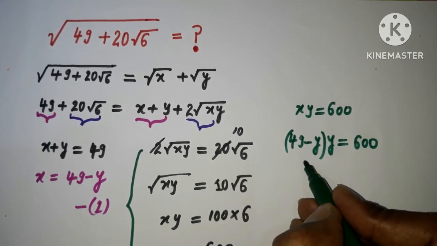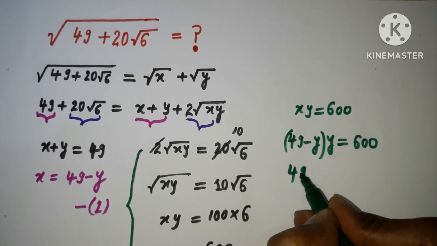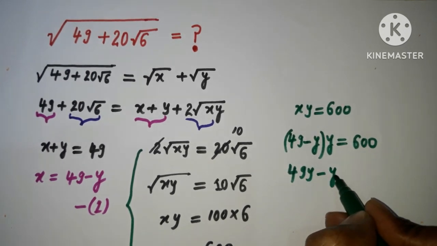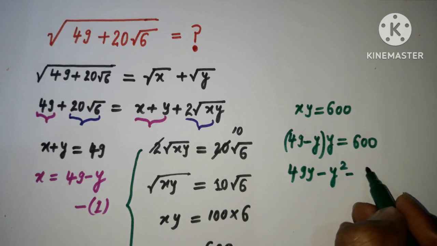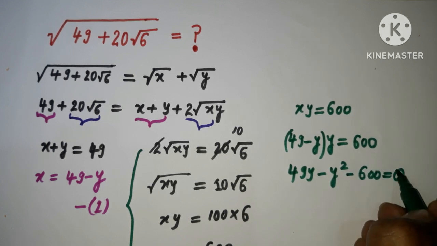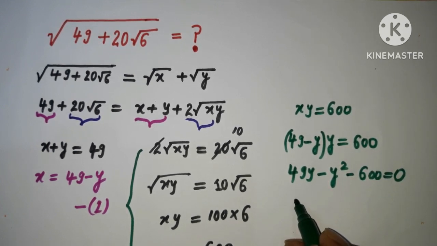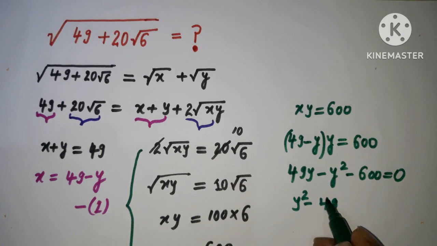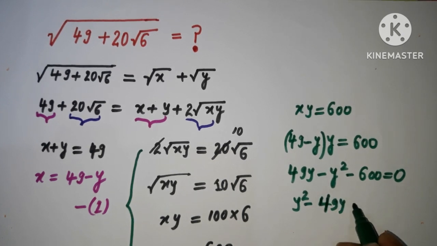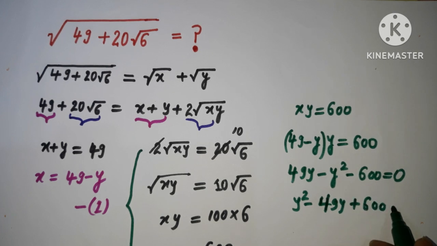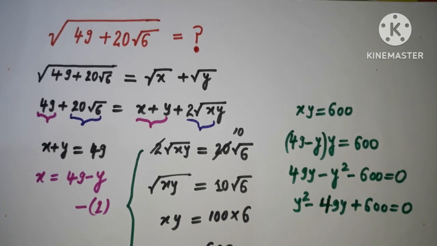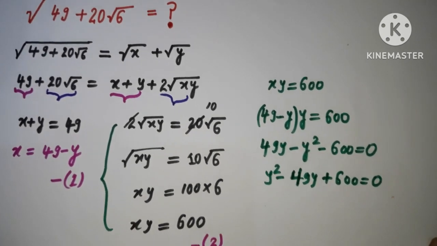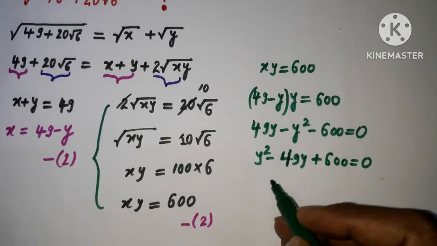Now this is a quadratic equation. So here 49y minus y square minus 600 equal to 0. This can be written as y square minus 49y plus 600 equal to 0. Now what can I do here?